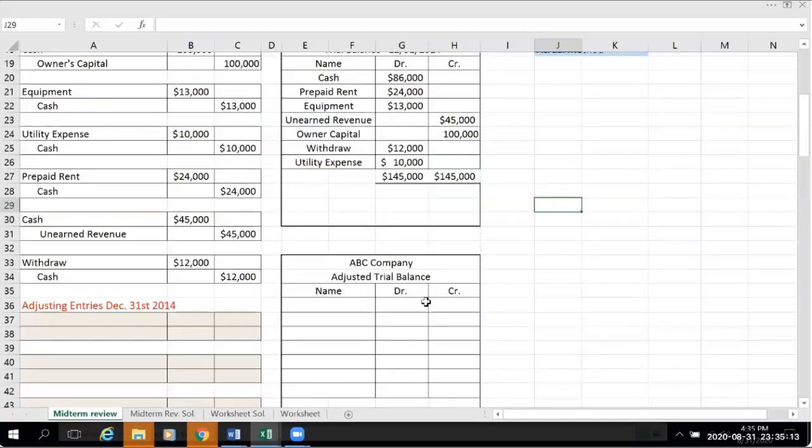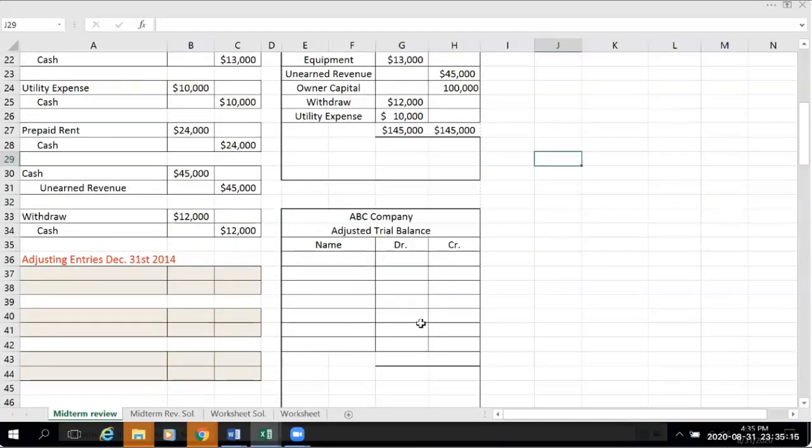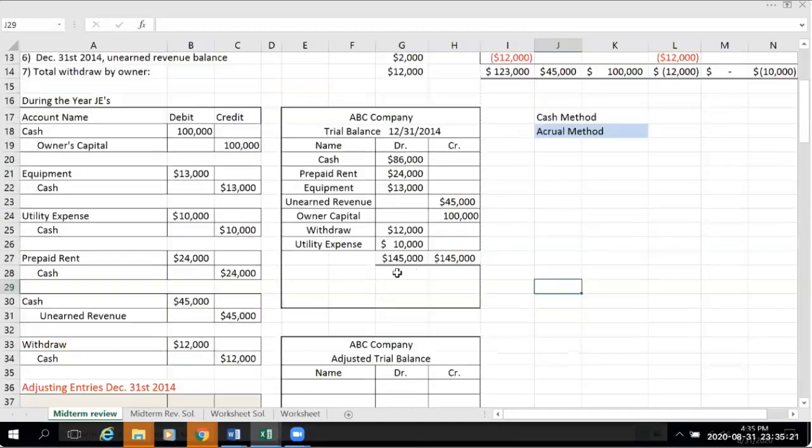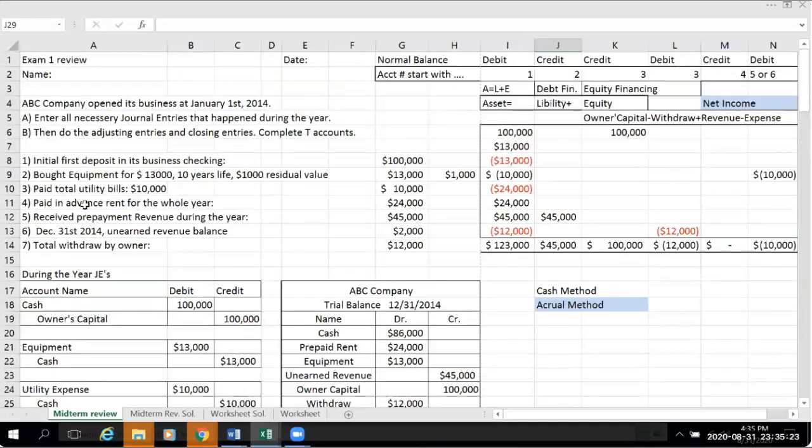You see, after adjustment is here. You see that? This is after adjustment, it's blank yet. So before adjustment is here. Before we do anything about this $1,000 and accumulated depreciation things, this is what we have. Before we think about how much revenue has been earned, this is what we have.